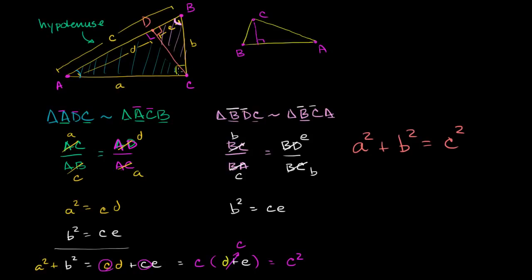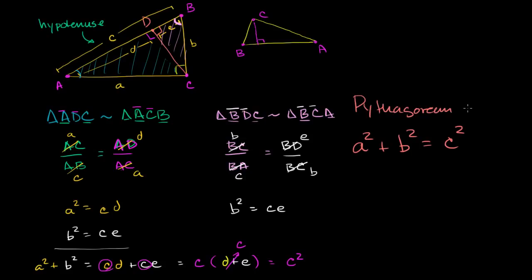And this was just an arbitrary right triangle. This is true for any right triangle. We've just established that the sum of the squares of each of the legs is equal to the square of the hypotenuse. And this is easily one of the most famous theorems in mathematics, named for Pythagoras. Not clear if he's the first person to establish this, but it's called the Pythagorean theorem.